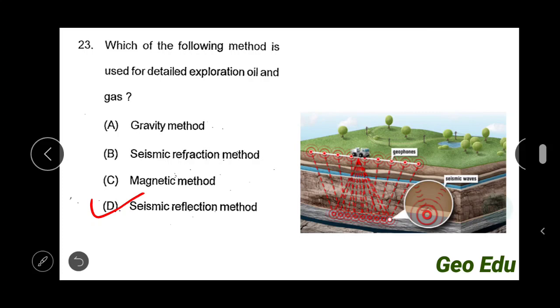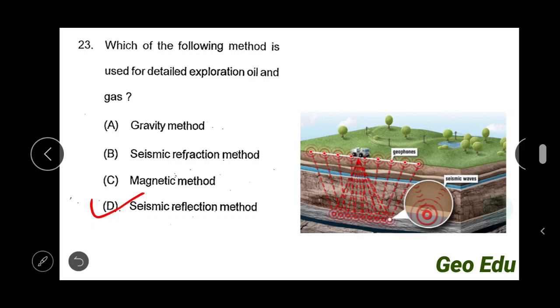I want to give some extra information, like which geophysical method is used for which type of metal or mineral deposit. The gravity method can be used for massive sulfide deposits, chromite deposits, barite, and kimberlite.